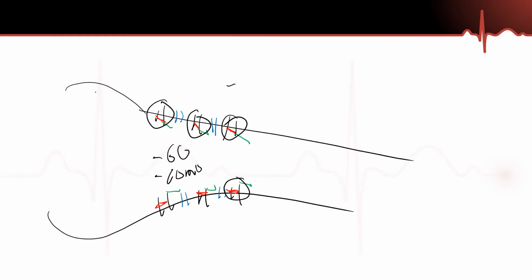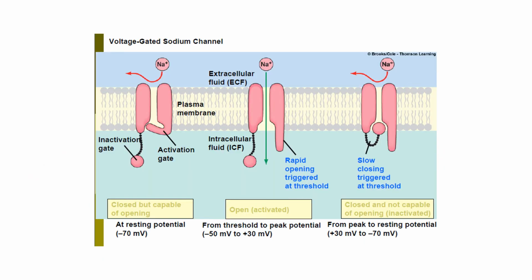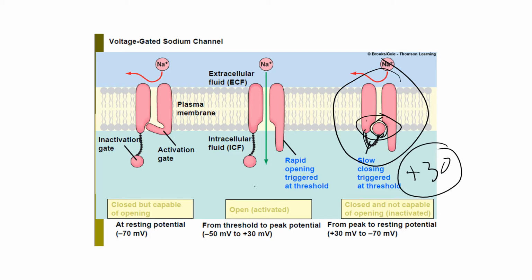What do I mean by that? I'm going to use this image of the voltage-gated sodium channels to discuss this. So when the interior is at positive 30, this is how the voltage-gated sodium channel would be orientated. Its inactivation gate would be closed if the interior is at positive 30.